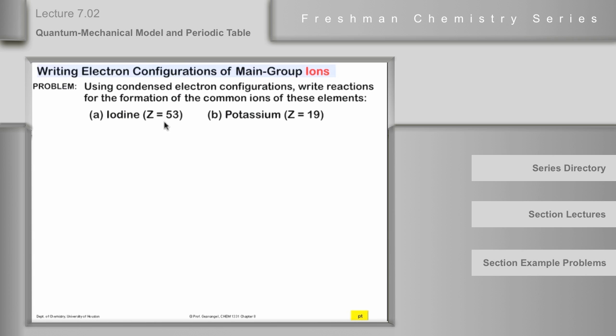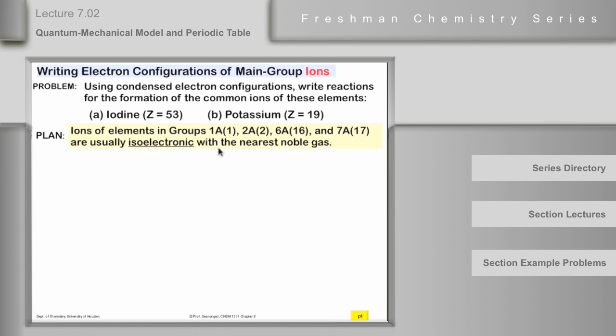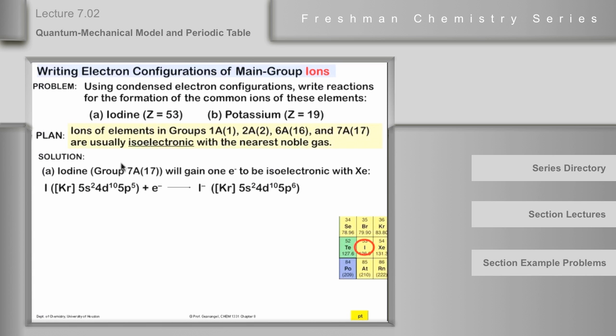Iodine, I remember, is in group 7A. Potassium is in group 1A. So, in general, the ions of the elements in group 1A, 2A, 6A, and 7A are isoelectronic with the nearest noble gas. It means the ions have the same number of electrons as the nearest noble gas. So we'll use that as our basis for writing the equation.